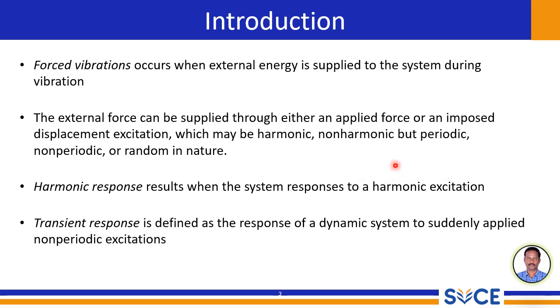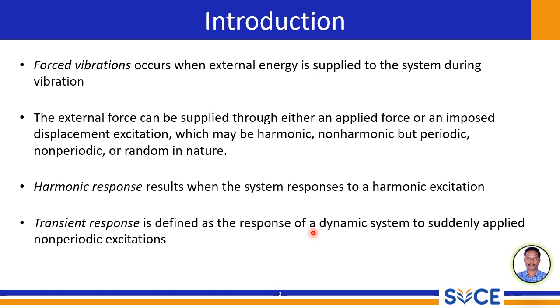And these forces can be harmonic, like a smooth repeating wave, or non-harmonic but periodic, meaning they repeat but are not smooth waves, or non-periodic, which means they don't repeat at all, even random in nature. When a system responds to harmonic excitations, we get a harmonic response.